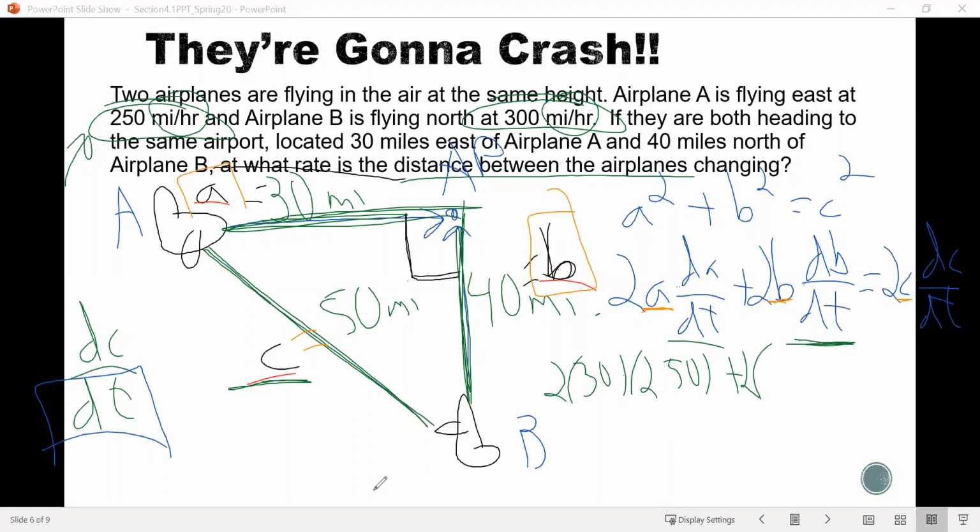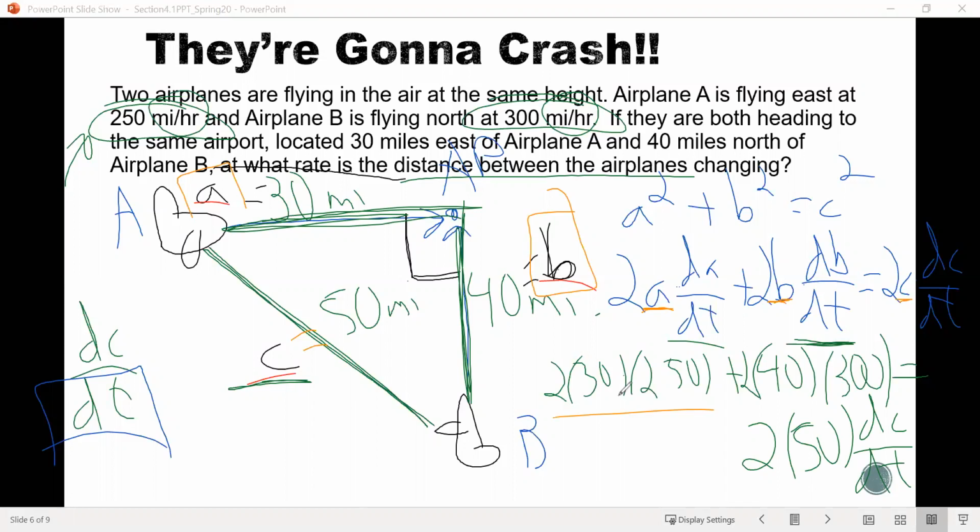So 2 times 40 times 300 equals, and I apologize, I have to go on the next line, 2 times 50 times dc dt. Okay? So notice we can work this out, add those together, and multiply this out, and divide. And I'm going to skip those steps for now.